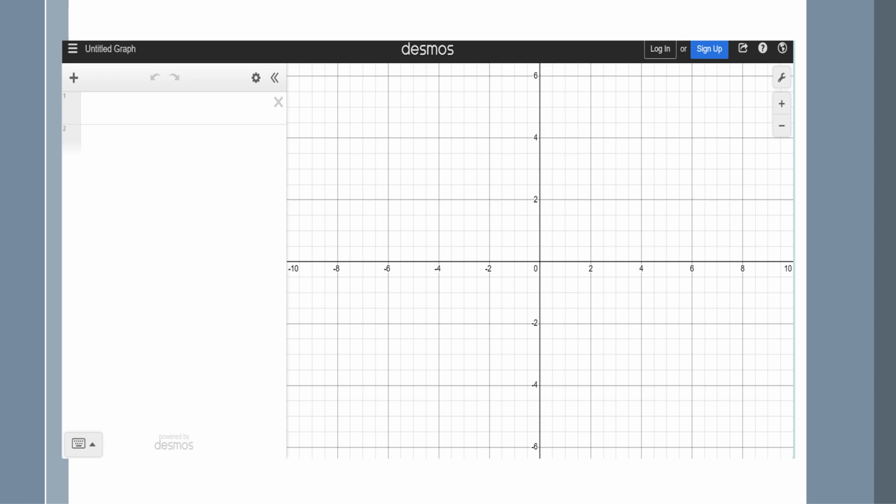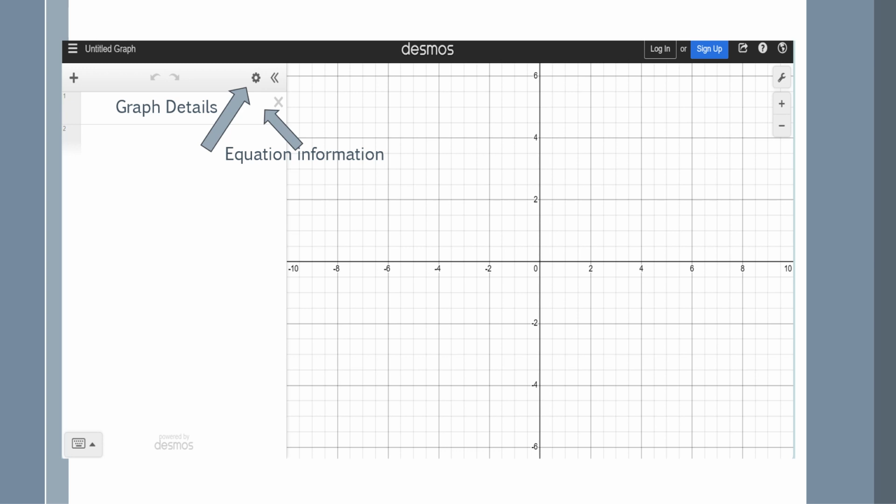So this is where you're going to put your equations in. All right? Now, the graph details is going to be right there. You could change the color. You could make your graph thicker. You can make it skinnier. You could make it prettier if you want to.